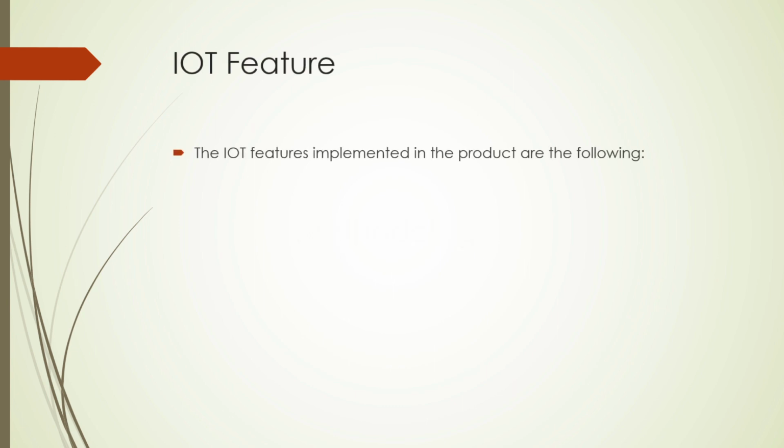Methodology. Before I go through how the system works, I will list down the IoT features that are implemented in this product. There are 3 of them. One is water level monitoring, second is fertilizer level monitoring, and the third one is pH level monitoring.